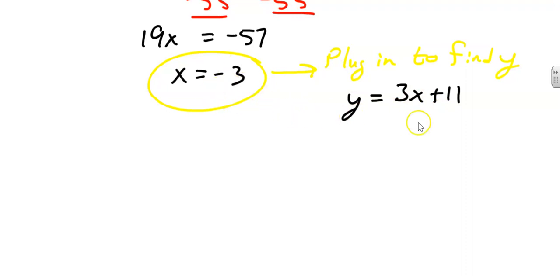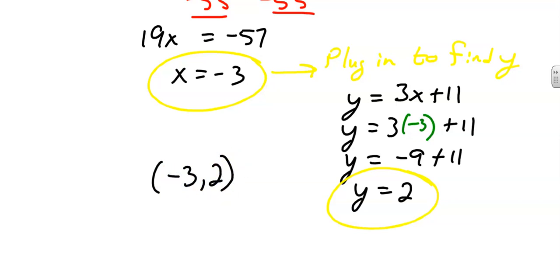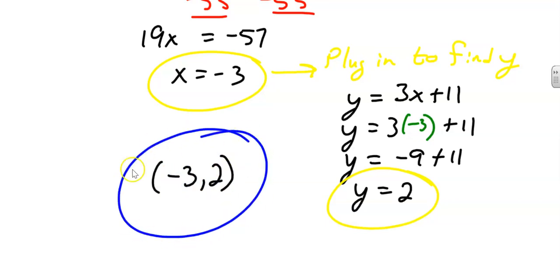We're going to take out the x, put in negative 3, and then just work it out. Okay, so as an ordered pair, that would be our final answer.